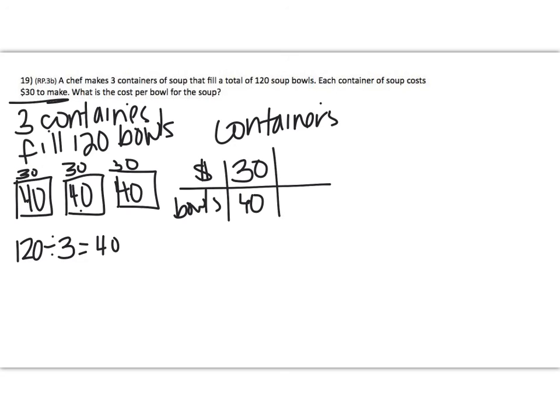So how do I figure out how much one bowl costs? What I need to do is take this and divide it by 40 to get it down to 1. And 30 divided by 40 is going to give me my cost per bowl, which is 75 cents. So each bowl is going to cost 75 cents to make.